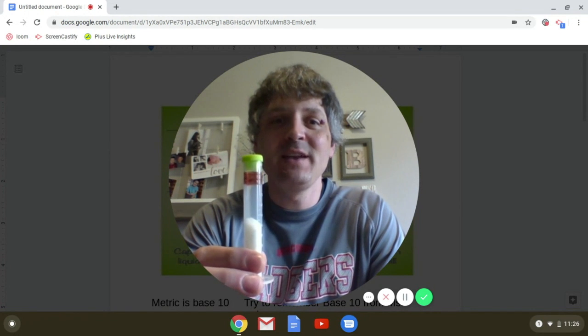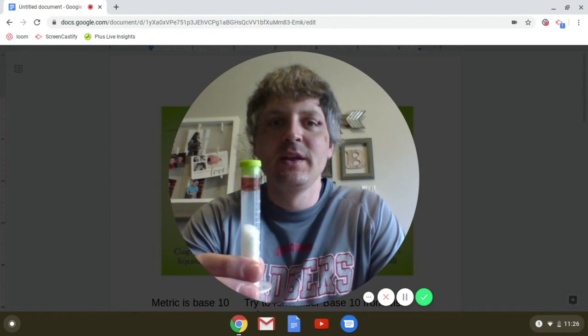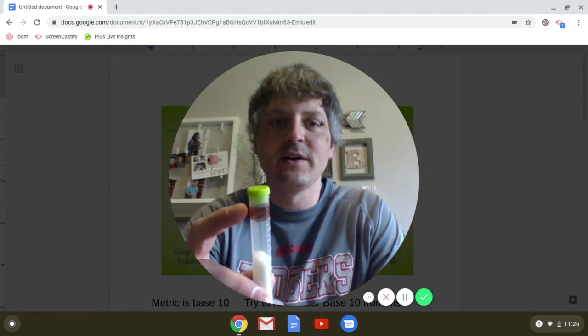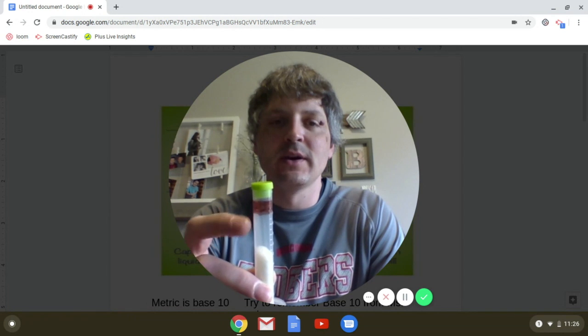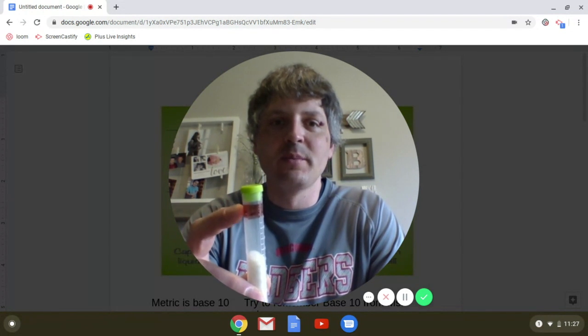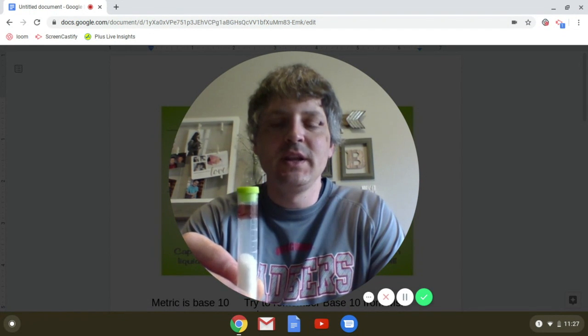So it will hold 10 milliliters, and I've shaded in brown how much 1 milliliter of water, or liquid, would be in this vial, right here. So this will hold 10 of these brown sections of liquid.